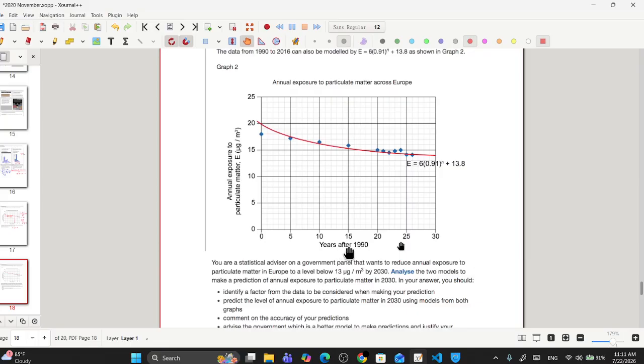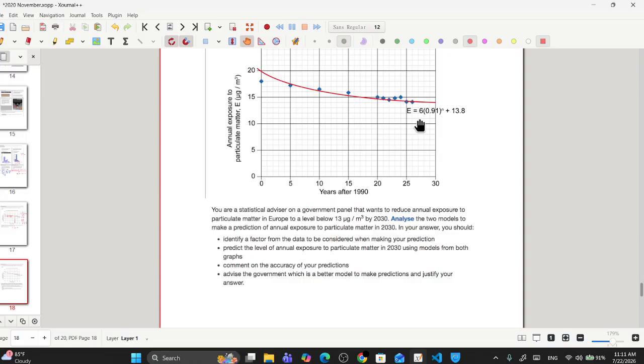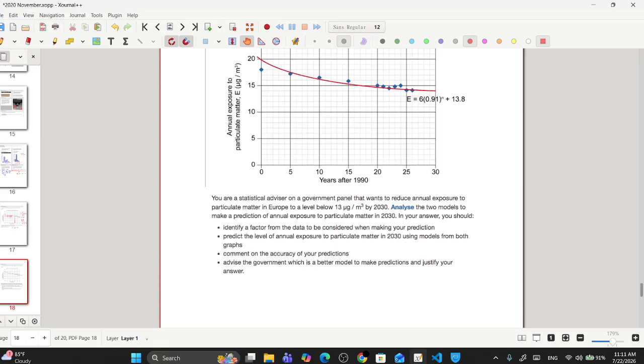Look, one factor that we can visibly see in front of us is that the value of E, which is actually the annual exposure of emissions, is being reduced. If we look at the graph, the graph is moving downwards. So while I'm making my prediction, I know that the exposure is decreasing.